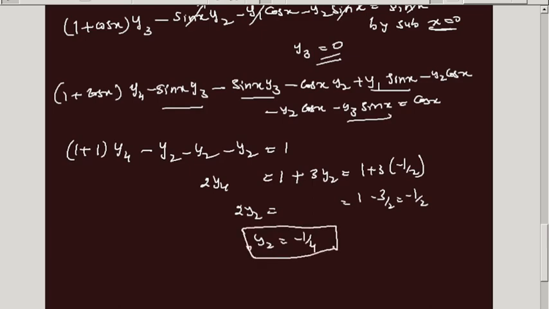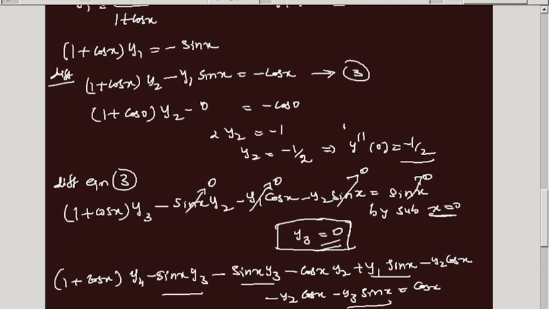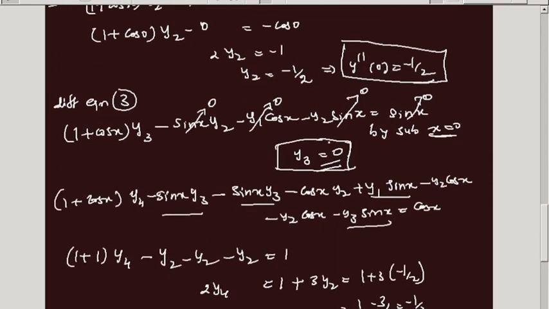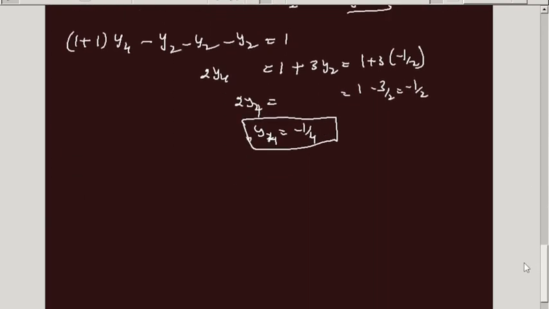So here we have some values: y4, y3, y2, and y1. y1 is 0, y is log 2. So here we can see that y triple dash becomes 0. The remaining values: log 2, and the y2 and y4 values.